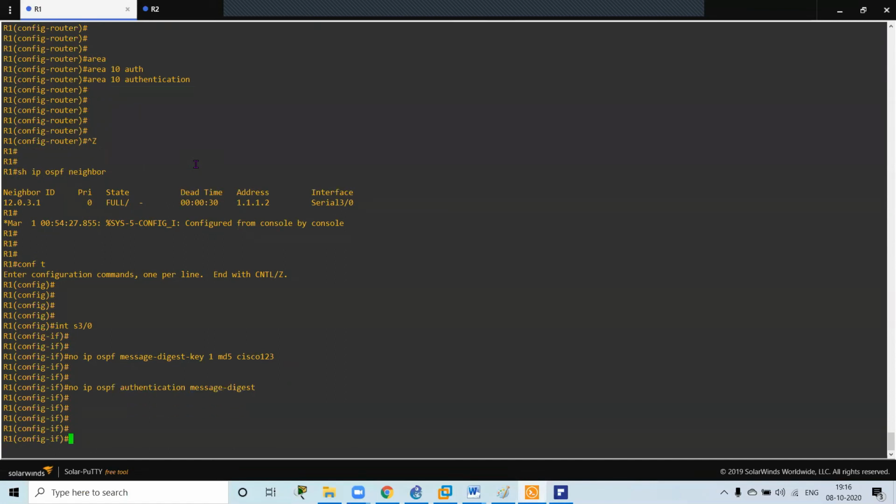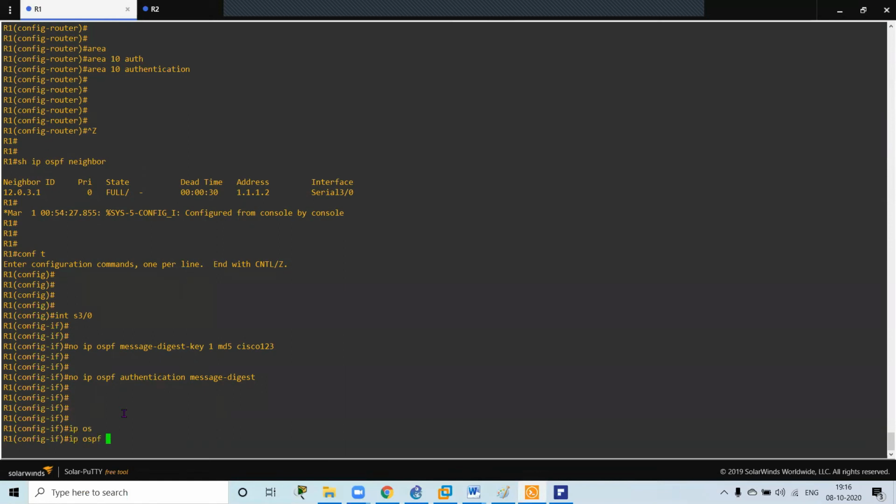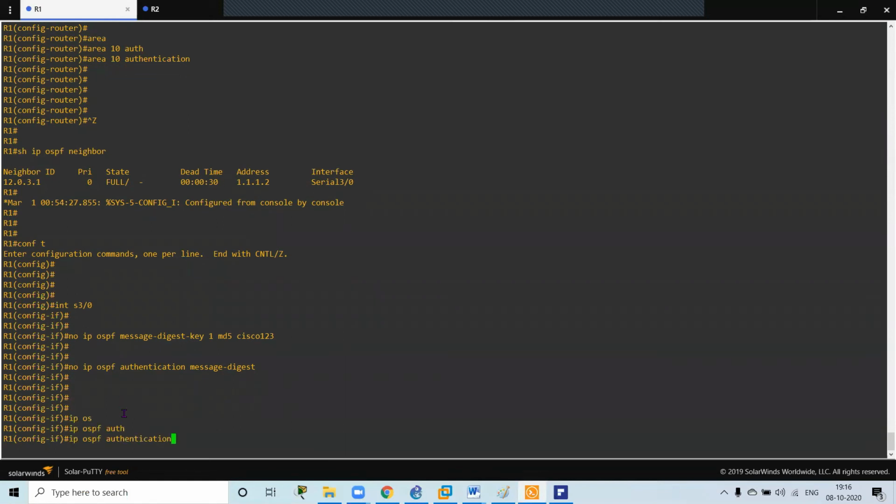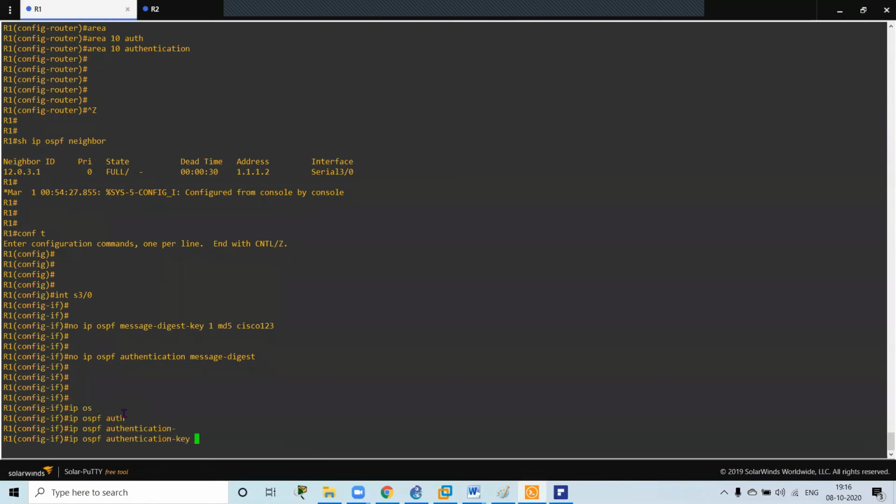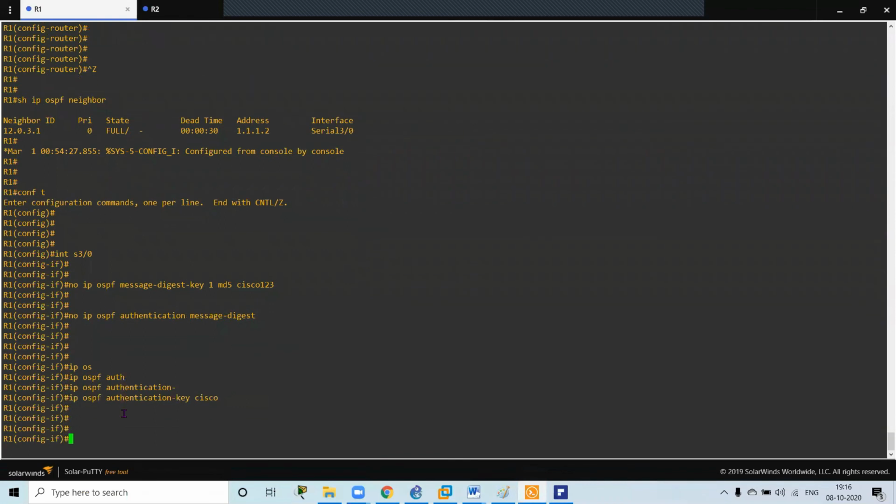Whatever I have configured on the interface level, this is not the only command that I have to give. Then I have to go on the interface and, for clear text, say IP OSPF authentication key Cisco.